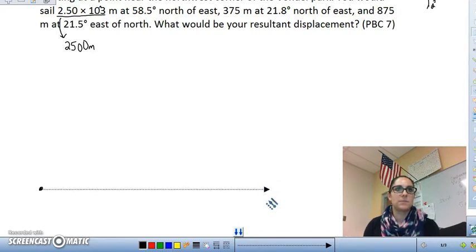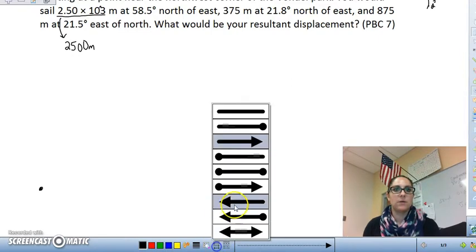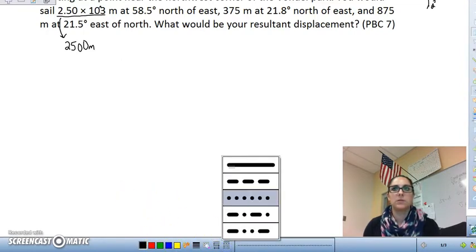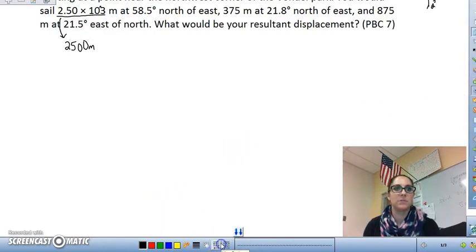Alright, sorry. I don't want to do an arrow for this one because this is just my reference line. Oh boy. We can do this. This is why it might take longer than anticipated. Okay, we're all good. So here's our reference line. There you go. Get that nice and straight.